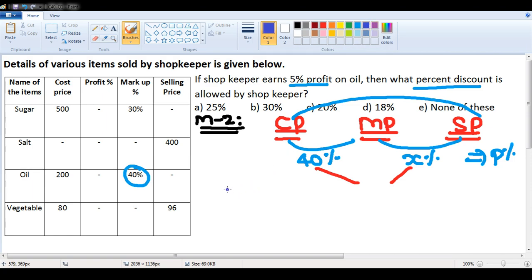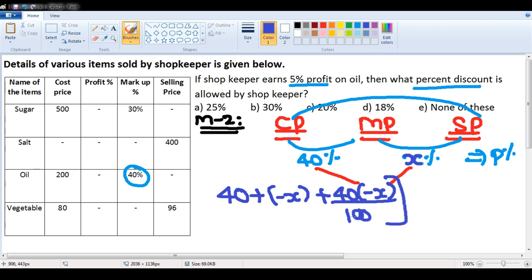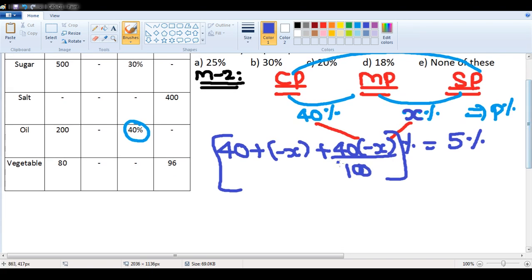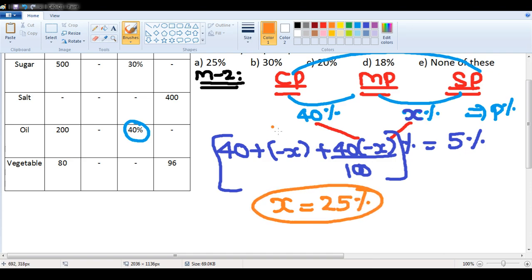Successive percentage: A plus B plus A into B divided by 100 percentage, that is, minus X plus 40 plus 40 into minus X divided by 100. This entire thing must equal the profit percentage, given as 5%. The only unknown variable is X. If I simplify for X, I will get the answer as 25% here also.